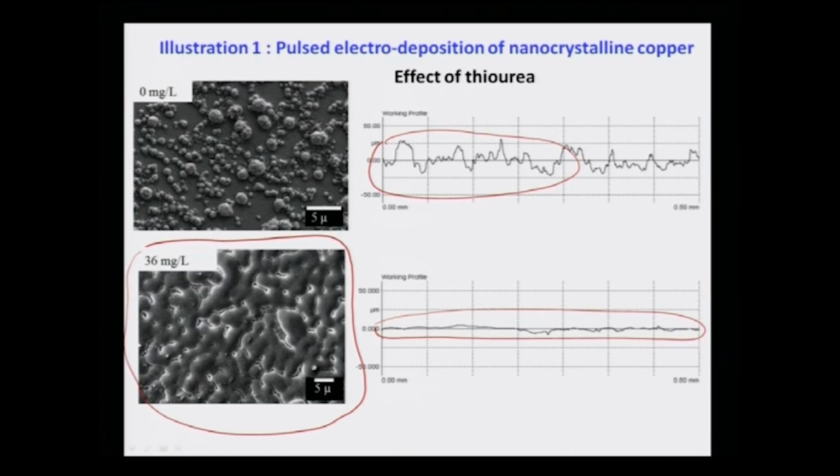So, that means roughness can be easily controlled by the thiourea addition, and this is what is required when copper is deposited on any kind of PCB board or vias in the electronic circuitry. So, this was observed very nicely by using a scanning electron microscopic technique followed by a laser surface profilometer. These two are advanced characterization techniques used in many cases.